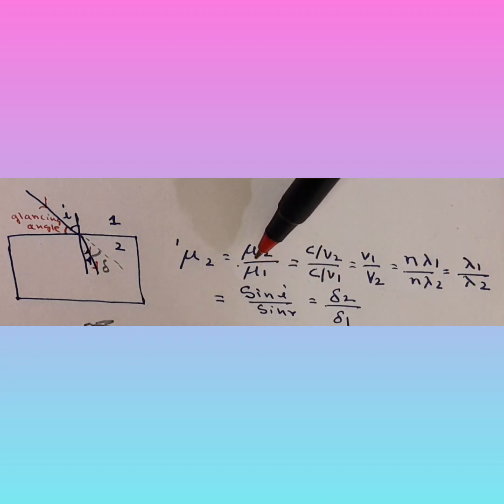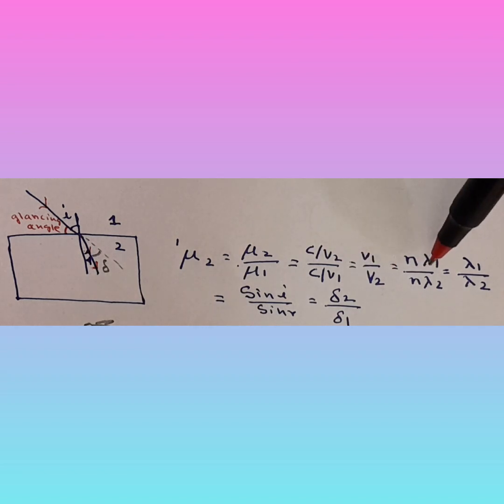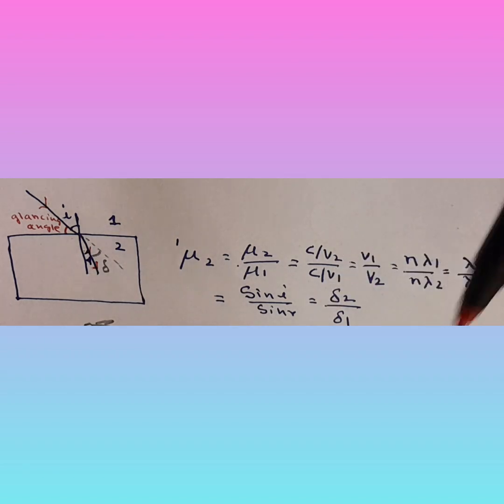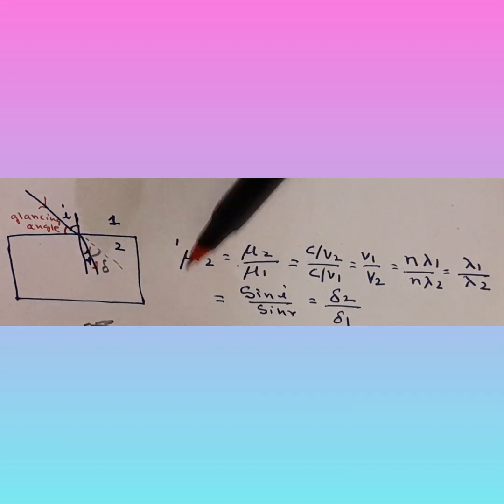Like for example, you get the formula for mu, which is C over V. You get the formula for V, which is N lambda. You also end up with relationships like lambda 1 and lambda 2 inversely proportional to mu. Velocity and lambda directly proportional, and so on and so forth. So this would be of great significance.